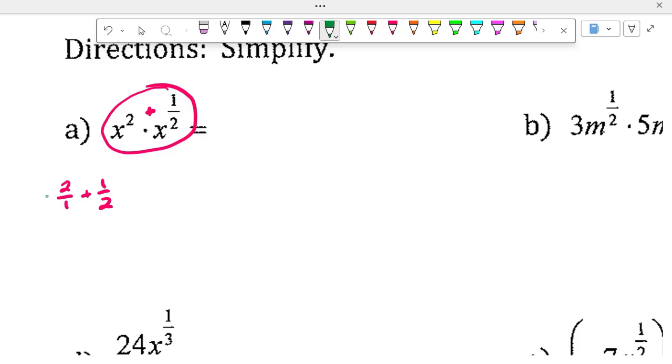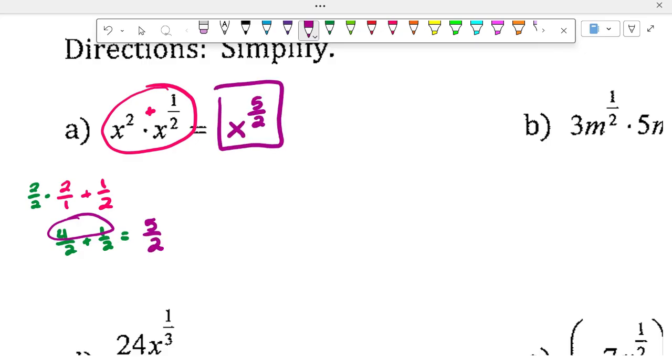I multiply the top and the bottom by what? 2. This would be 4 over 2 plus 1 over 2, which is what? So remember, once we have common denominators, we can just add the numerators. 5 over 2. This would be x raised to the 5/2. You can leave it like that, unless it asks for it in radical form.